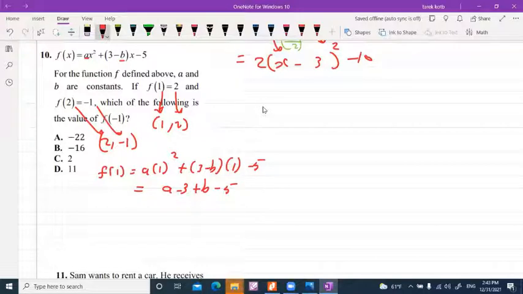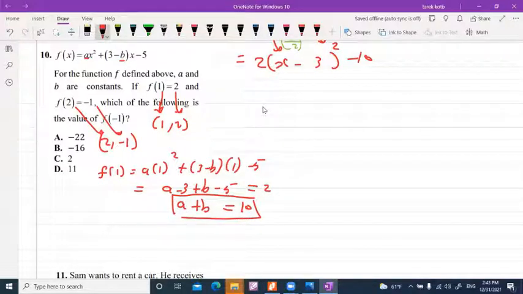That all should equal 2. So a minus b equals 10. This is the first equation. I will take the 3 and the 5 to the other side and add them to the 2, it will be 10.